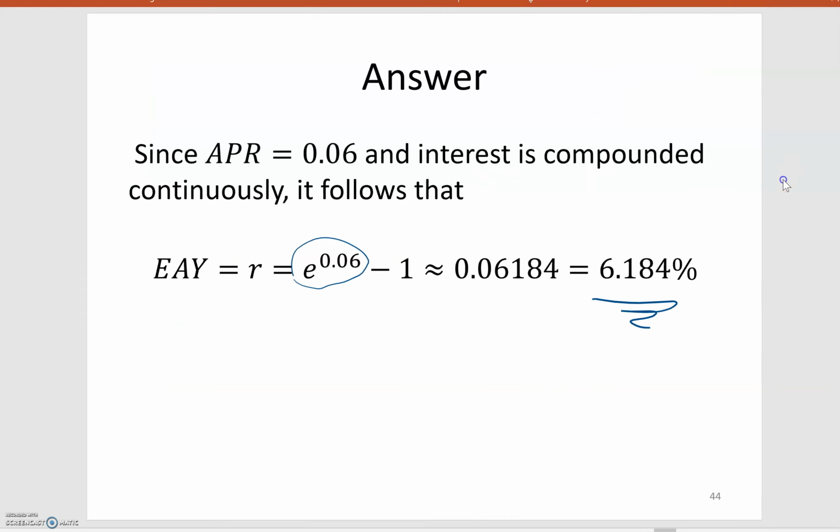Okay, all right. Now the thing about this is that this actually applies not only to financial models, but this also applies just to any growth model, or any continuous growth or decay model, as long as it's continuous. And you've probably seen this equation before.